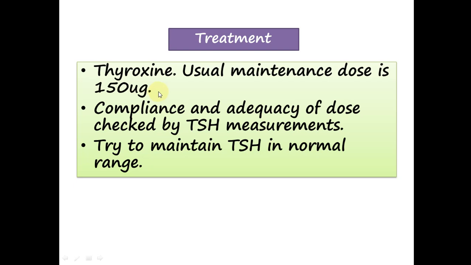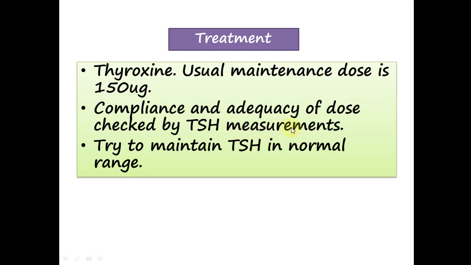The dose starts from 50 microgram. Usually at 150 microgram, the patient is relieved of symptoms, and the compliance and adequacy of the dose will be checked by regular measurement of the thyroid stimulating hormone.